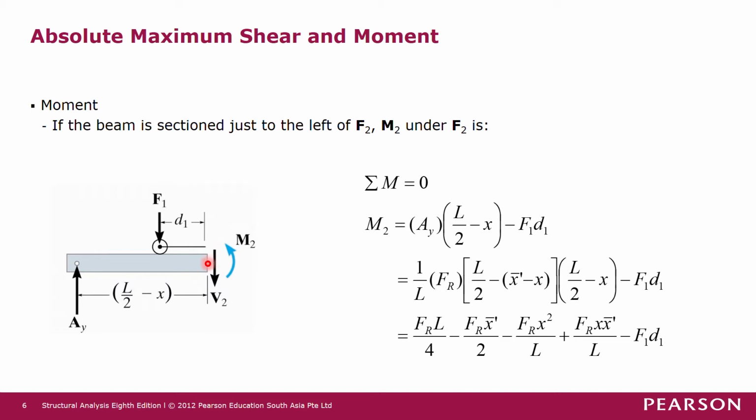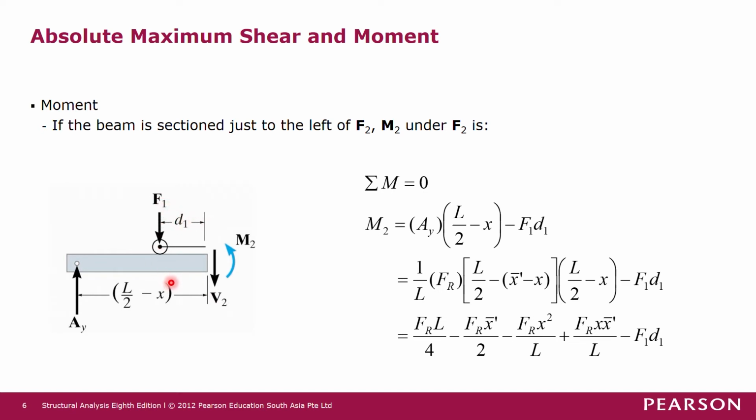To find M2, we can sum moment over here, meaning V2 will not appear in the moment equation. So if you sum moment here, we have M2 equals AY times this minus F1 times D1.